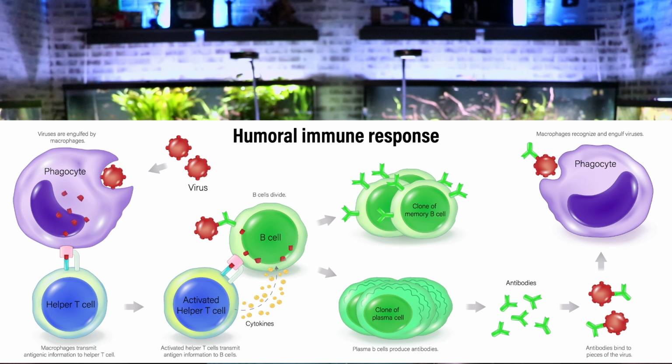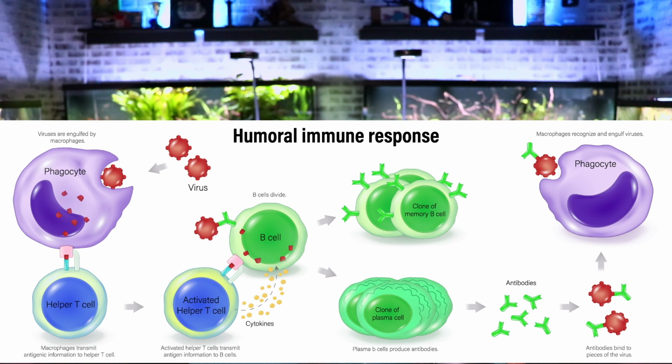It becomes activated. Now here, we need to get the B cells involved. The way the B cells get involved, believe it or not, is that they too are antigen-presenting cells, just like the macrophage, just like the dendritic cell. They take in an antigen using a very specific receptor, chop it up, and display it via MHC class 2, just like macrophages and dendritic cells.